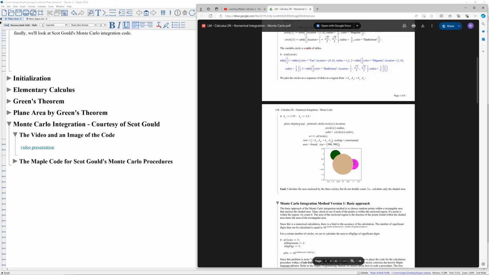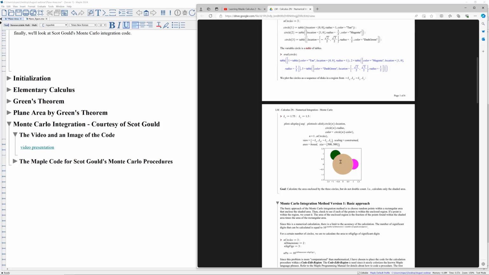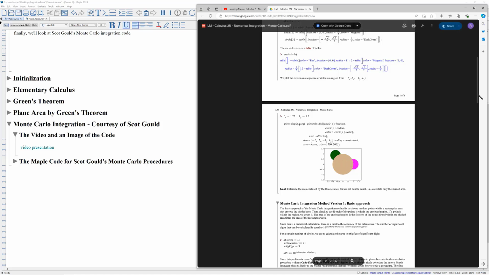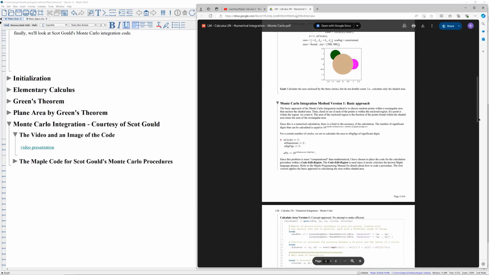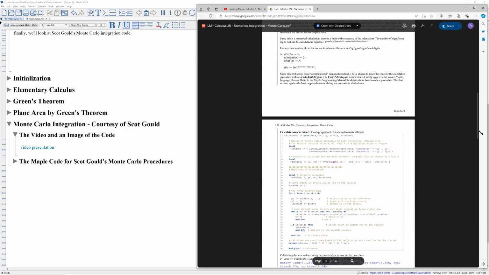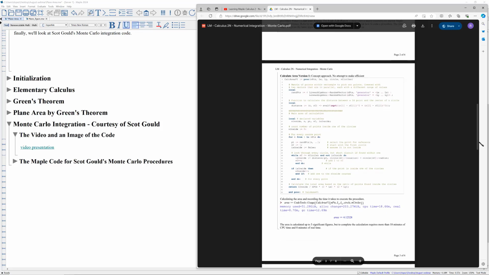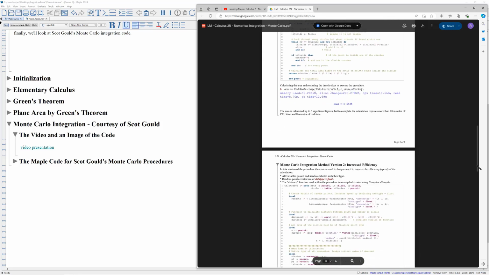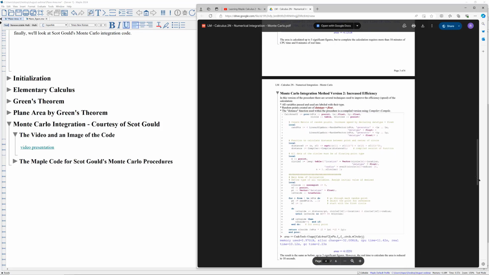And you notice he's interchanged the position of these two little dog ears. But here is his neat presentation of this Monte Carlo code. I'm going to show that to you in a worksheet format so that you can play with it if you want.